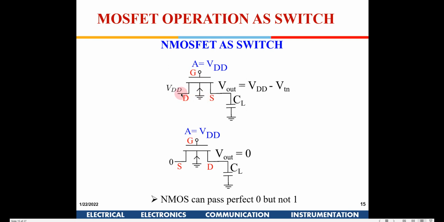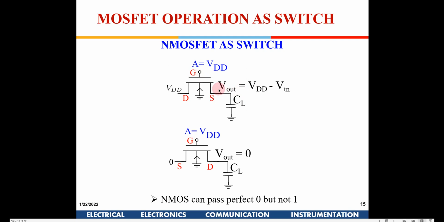Now when I connect VDD here and expect this voltage to go to VDD, that doesn't happen, because the moment this voltage reaches VDD minus VTN, the gate-source voltage becomes VTN. It cannot go further up, because VTN is the minimum voltage required for this device to be switched on.